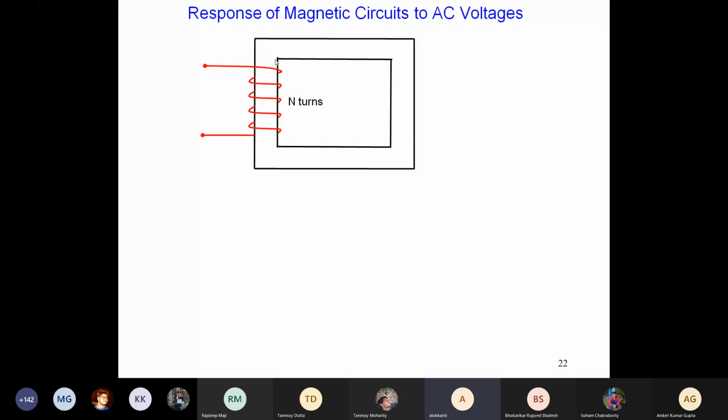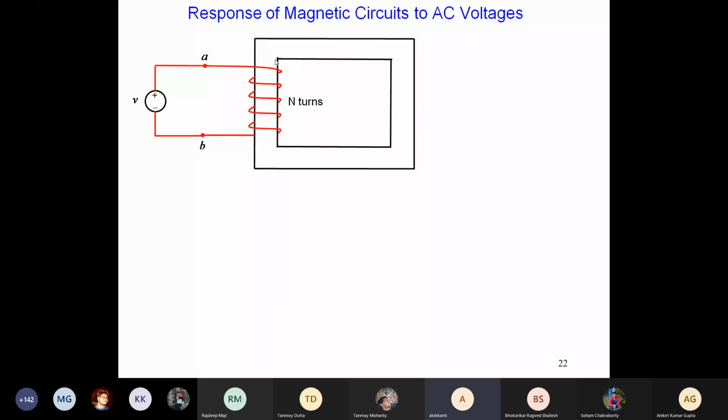If you remember, we use the word electromagnetic coupling. So this ferromagnetic material is going to act as the coupling device. Why? Because in one of the arms of the ferromagnetic material, we have done the coiling. We have the coiling in a particular way, and between A and B is basically the coil.